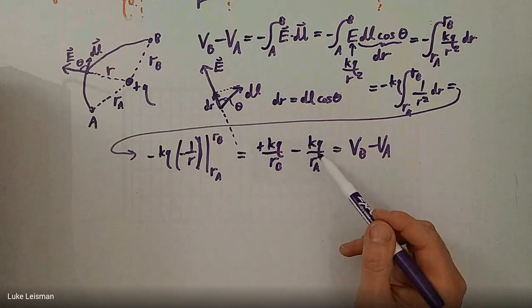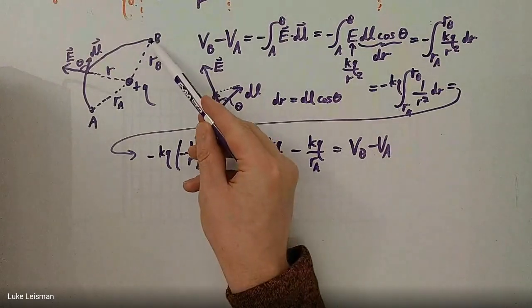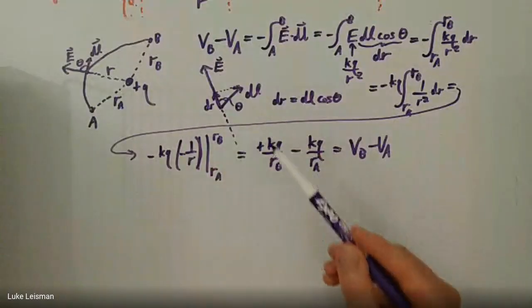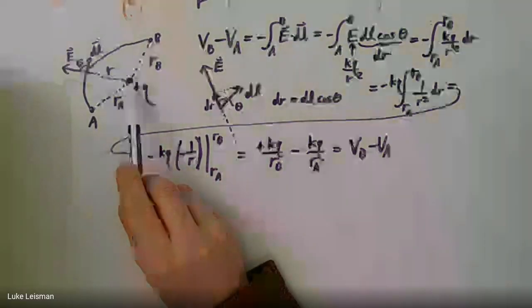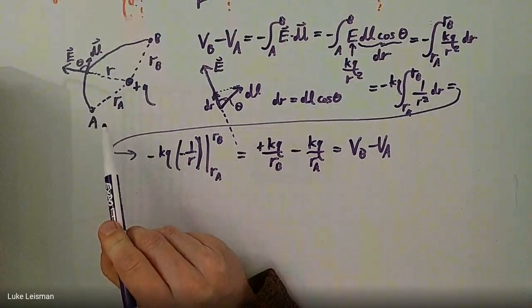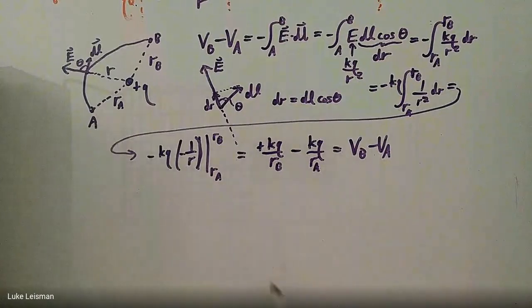Or we could also think the closer we bring B to the charge, the larger the potential gets. So where would the potential want to drop off to zero? Well, if we go infinitely far away from the charge, it's going to drop off to zero, right?